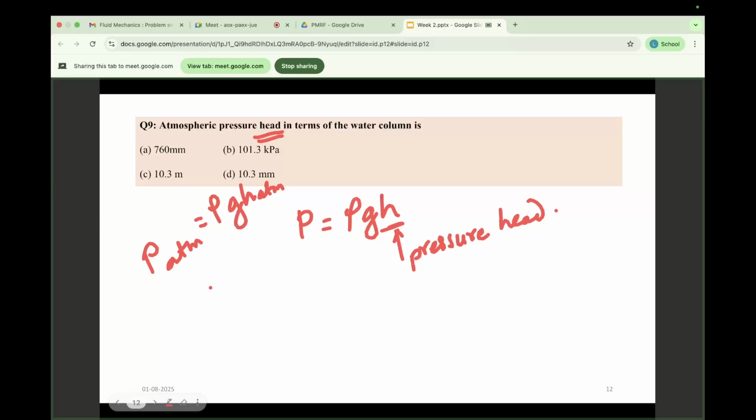So you need to find out H atm. Say here it is in terms of water column. Why is it given? It is given because this rho value should be of water. If it is given in terms of mercury column, then this rho value should be of mercury. So please try to answer.